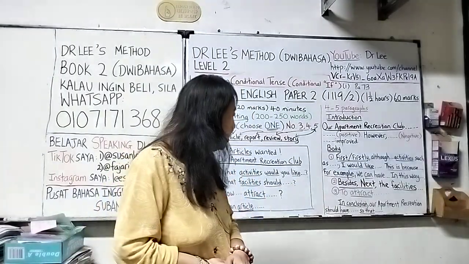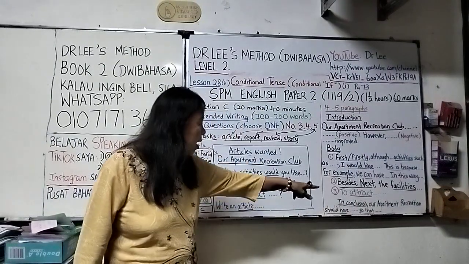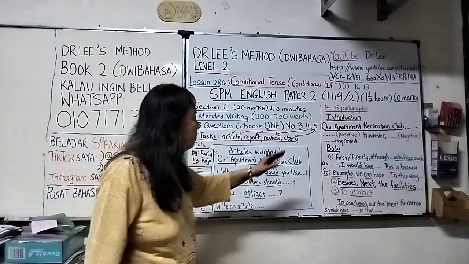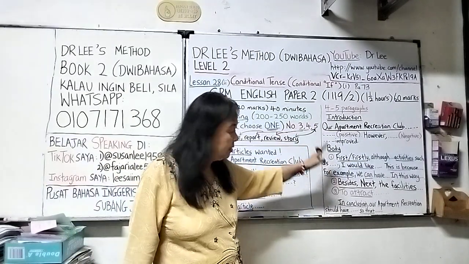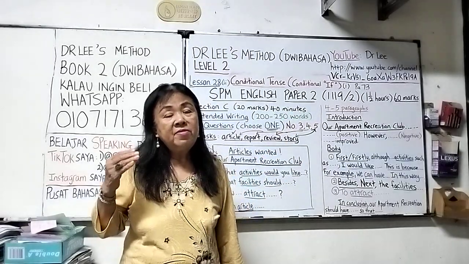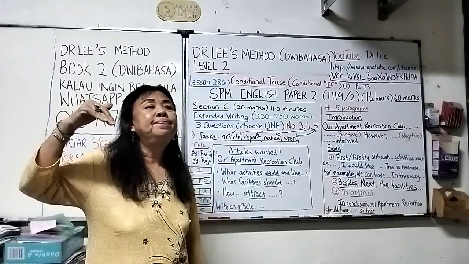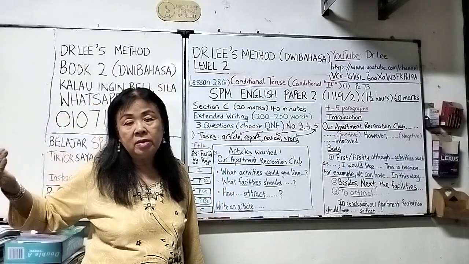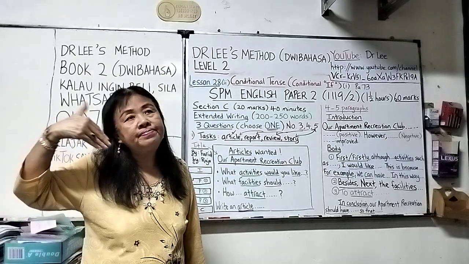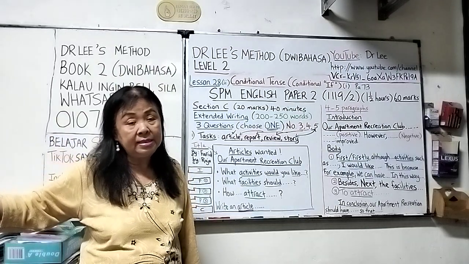In conclusion, you must mention again your title. Our apartment recreation center should have more activities and more facilities, or you can say more activities and facilities that are modern, state-of-the-art activities, sophisticated facilities.